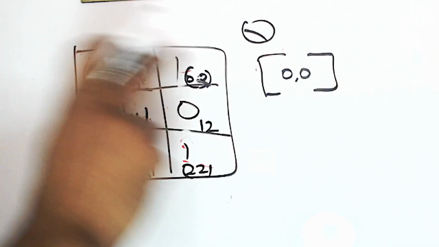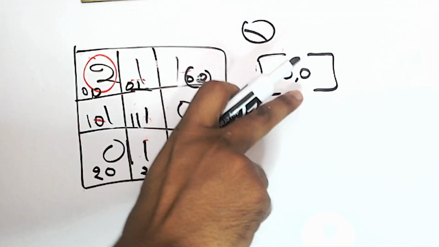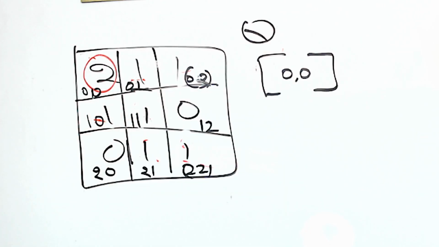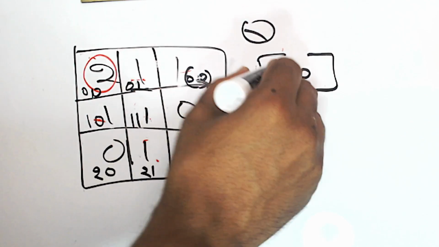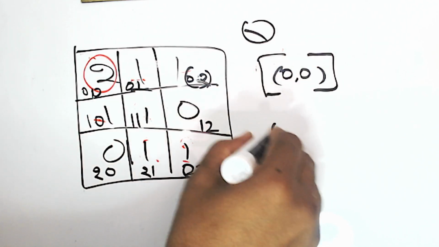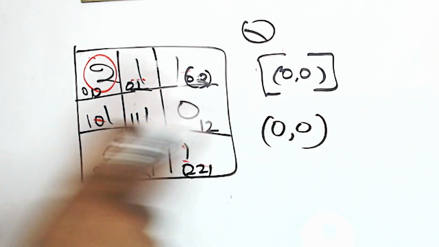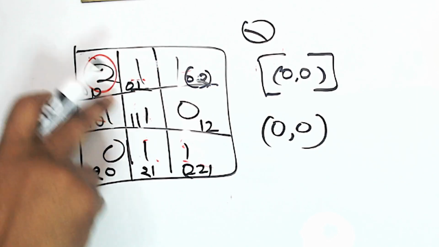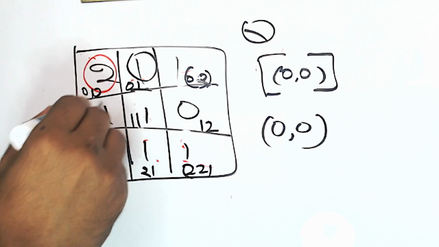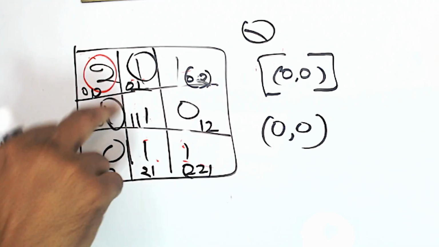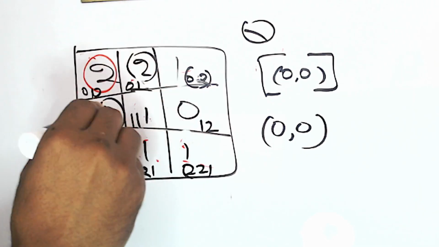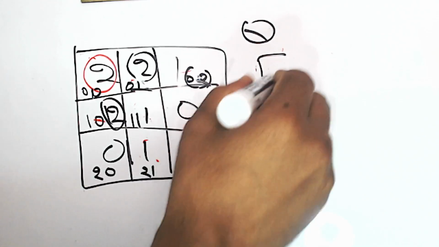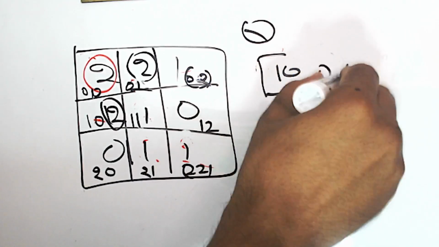Once I iterate through all the cells, I find that only one cell is there, so I make a queue and then process it. I pop the first one, so I get the node 0 0, and process it. Is there any fresh orange adjacent to this node? Yes, this one and this one. So I make those two oranges 2 and push these 2 nodes to our queue. So our queue now becomes 1 0 and 0 1.